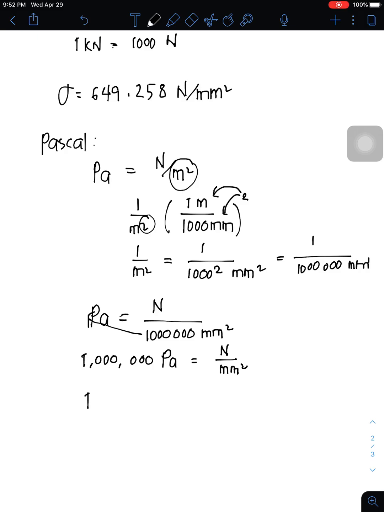So we can rewrite 1 million Pascal as equal to newton over mm squared, that's equal to 1 MPa, which is newton over square mm.